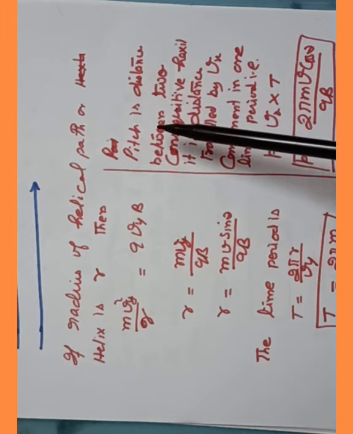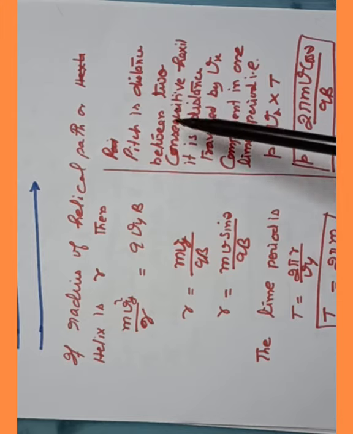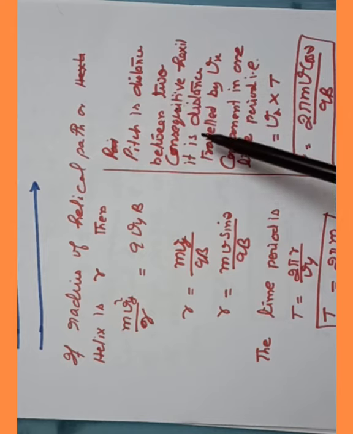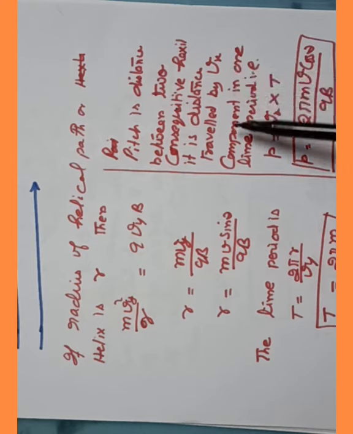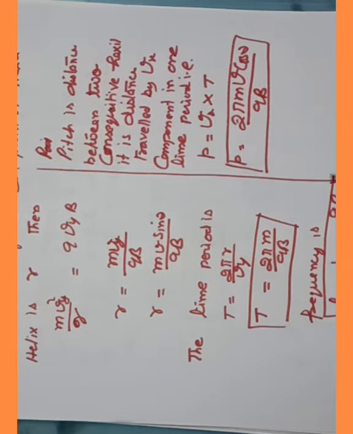Therefore, pitch can be defined as the distance between two consecutive helices. It is the distance traveled by the vx component in one time period, that is p equal to vx into T, and T you can get from here, T equal to 2 pi m upon qB. Therefore, the pitch of the helix is 2 pi m v cos theta upon qB.